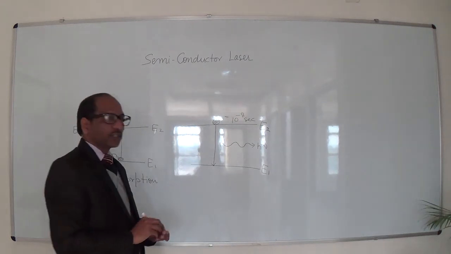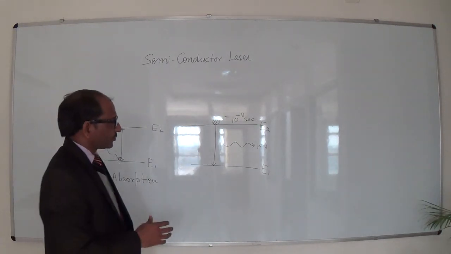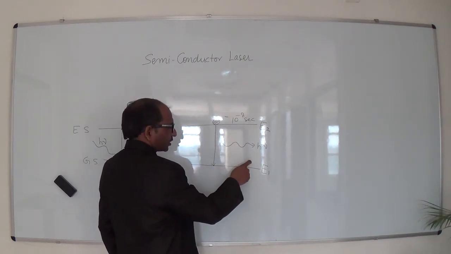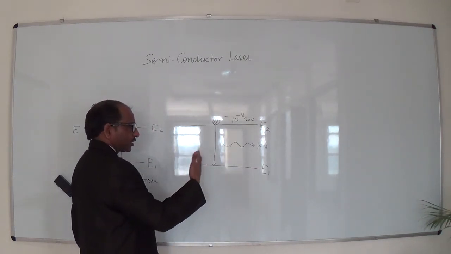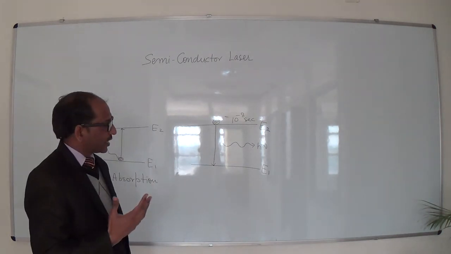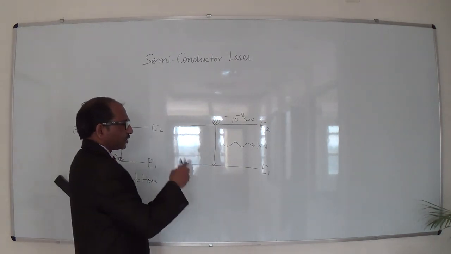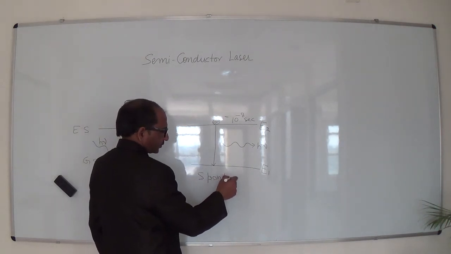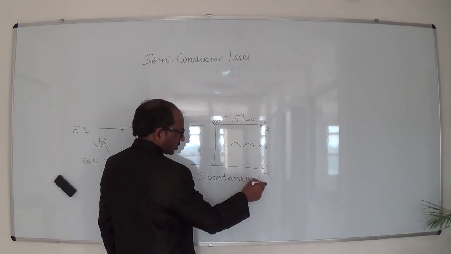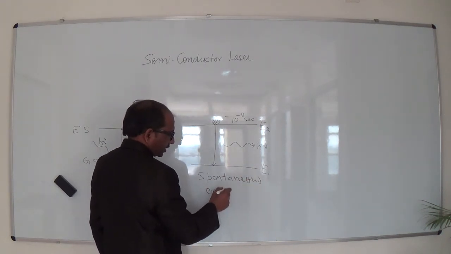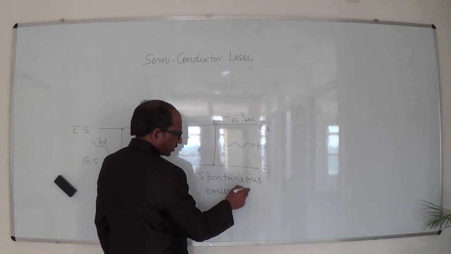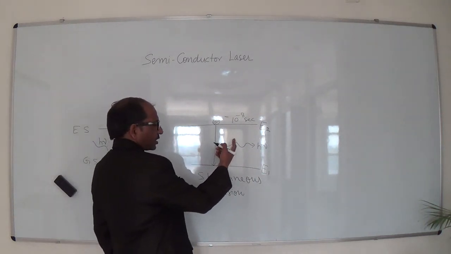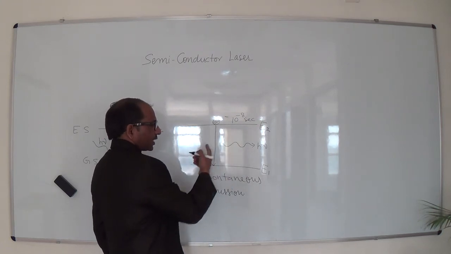The direction of this photon will be random. This photon can go in this direction or in that direction, it is free to go in any direction. So this is the case of spontaneous emission. In spontaneous emission, the emitted photon can go in different directions.